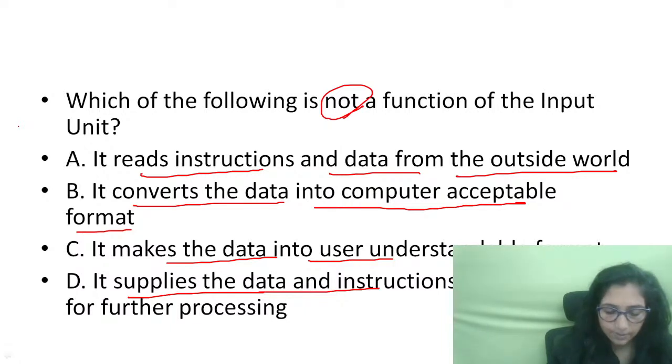What is the answer as per you? I'm waiting for your answer.